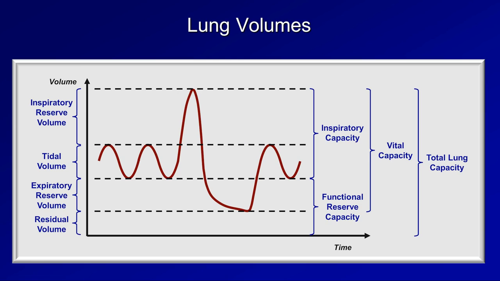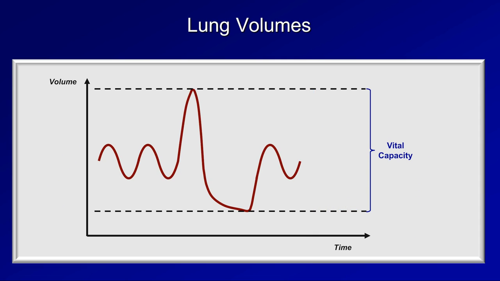Let's take a closer look at the measures of airflow and volume. This graph probably looks familiar from the last video. For right now, the only subdivision of the volume that we'll focus on is the vital capacity. And actually, when the vital capacity is measured within the context of standard spirometry, that is, within the context of the patient exhaling as quickly as possible, it is known more specifically as the forced vital capacity, or FVC.